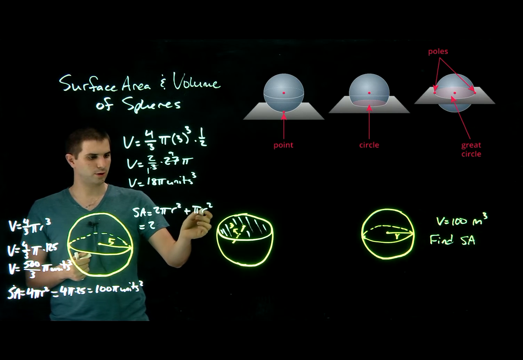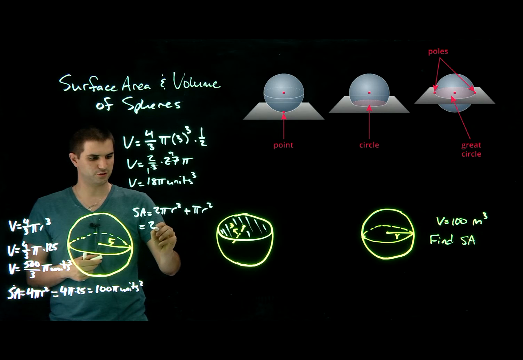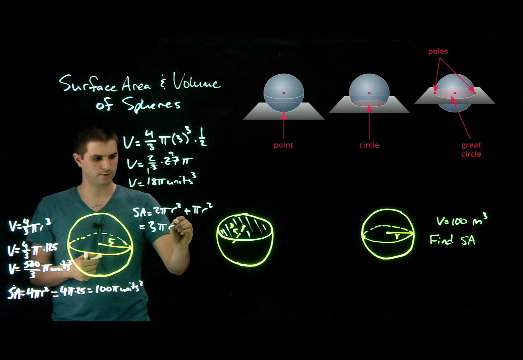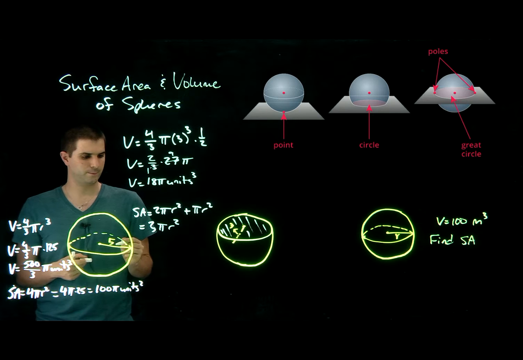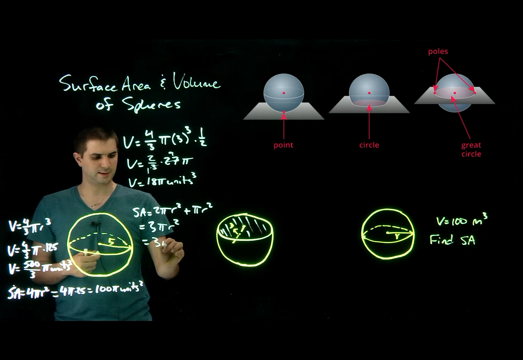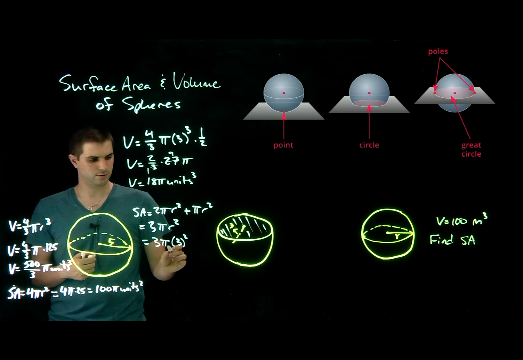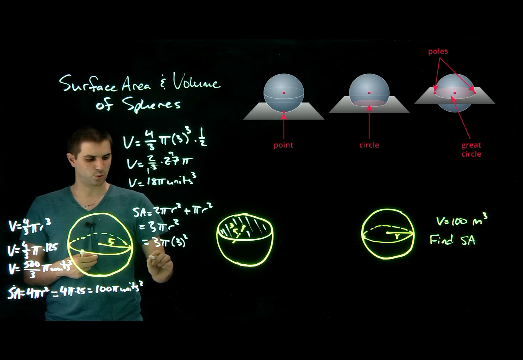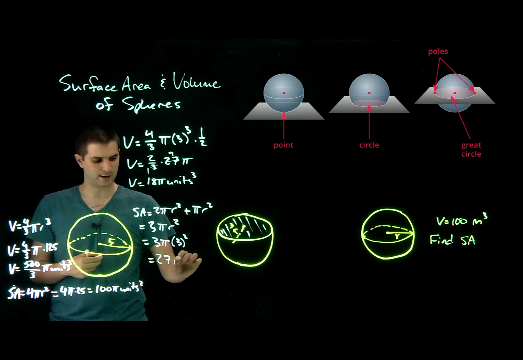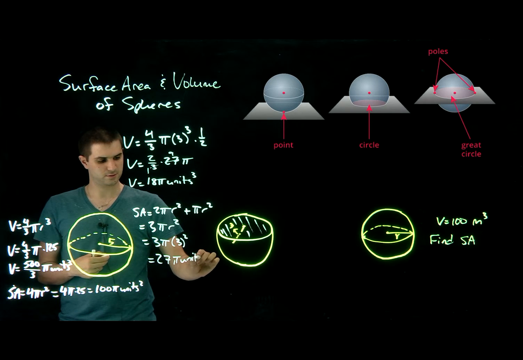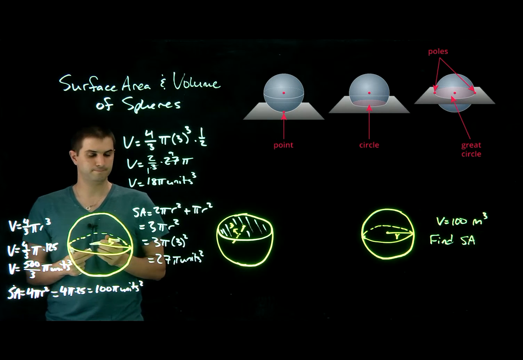So 2 pi r squared plus pi r squared is just 3 pi r squared. That equals 3 times pi times 3 squared. So this is 9, 9 times 3 is 27. So we get 27 pi units squared.